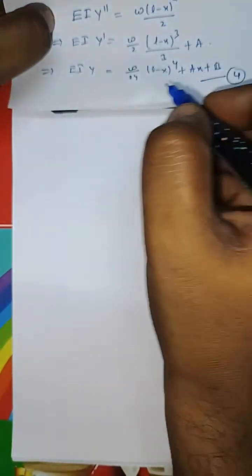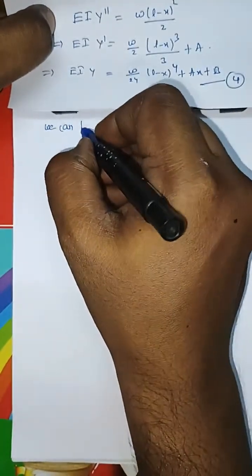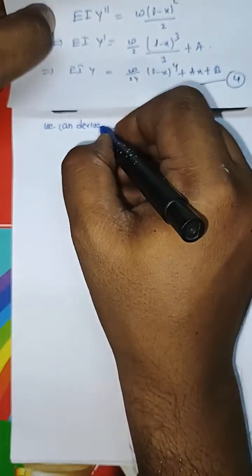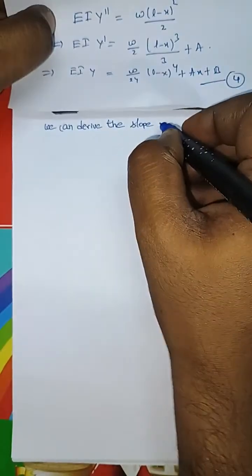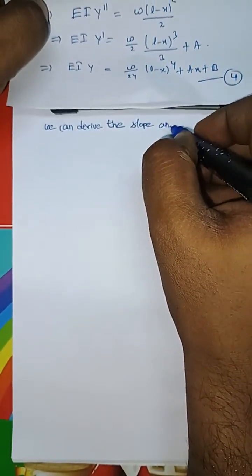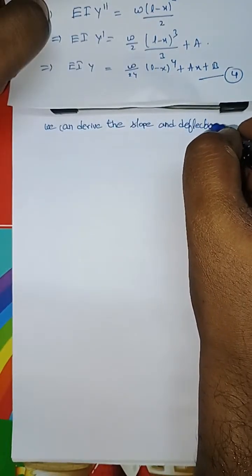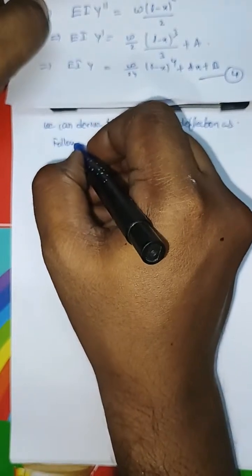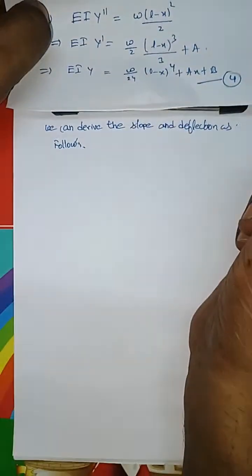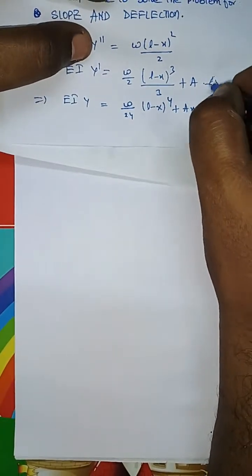How can we write slope and deflection? Let us call it equation 5.